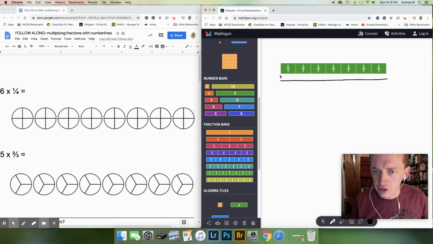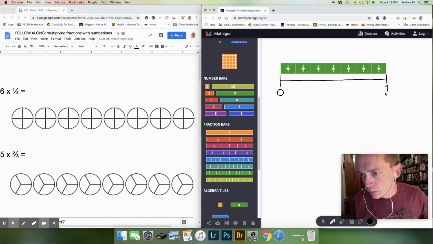So I'm going to draw this as a number line and I'm going to say this is 0. And I'm going to go all the way here and that is 1 whole. All right, so then here I have 1/7 and then I have 2/7. Somewhat regretting my choice of fractions here, but we're going to go with it.